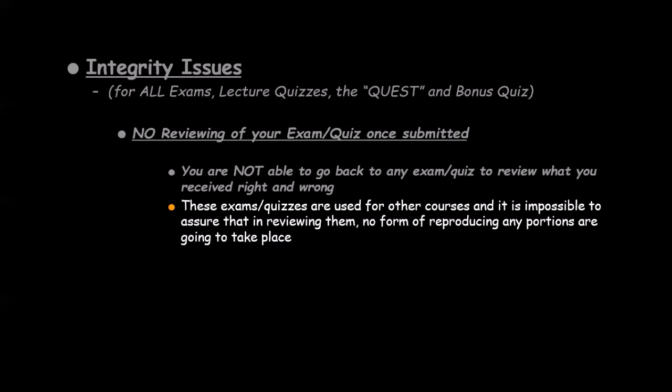You cannot take any notes from it. You can only see what you got right and wrong. You can't do any kind of reproducing of it, no pictures, no print screening, nothing like that. If anything goes on during there and I get suspicious, it will count as a 0 and I'll bring it up to higher authorities. So you can see what you got right and wrong, but we have to have a special Zoom session.